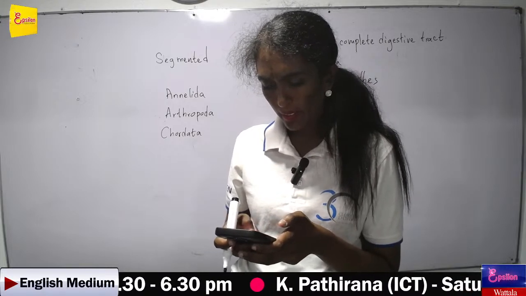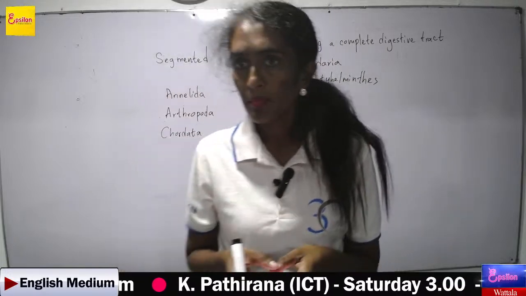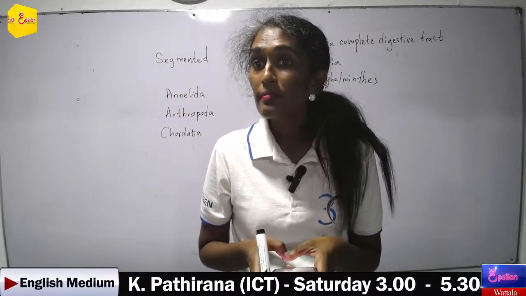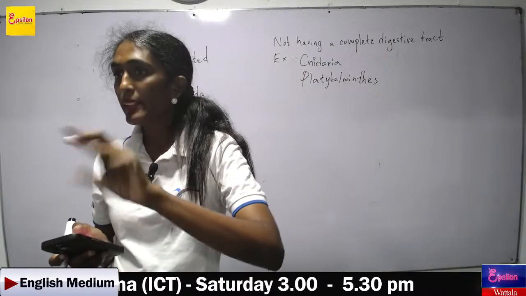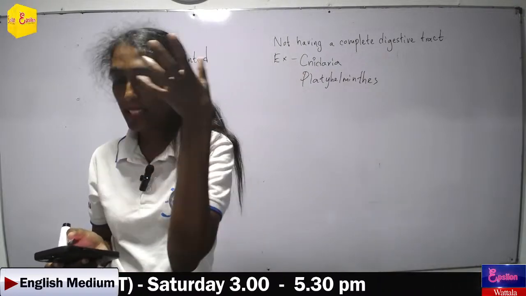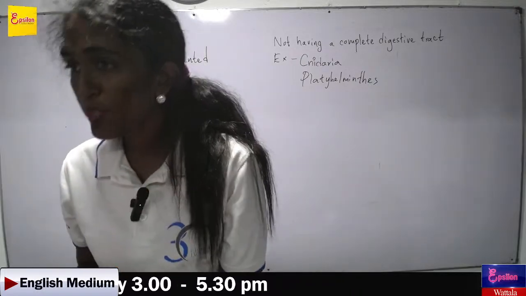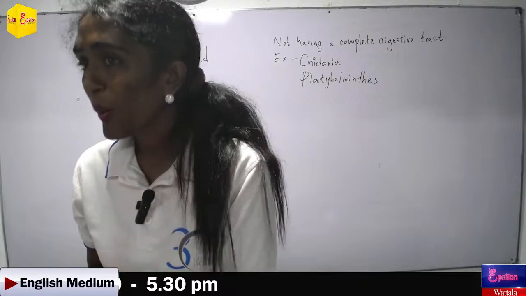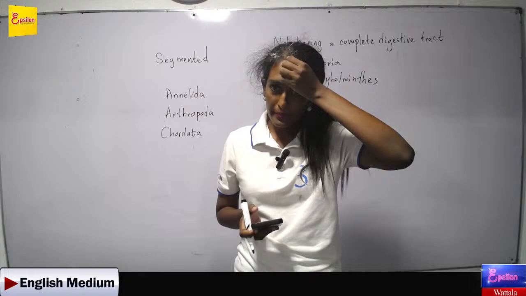Example: only these two, Cnidaria and Platyhelminthes, are not having it. Annelida, Nematoda, Arthropoda, Mollusca, Echinodermata, Chordata, all are having a complete digestive system. Okay?